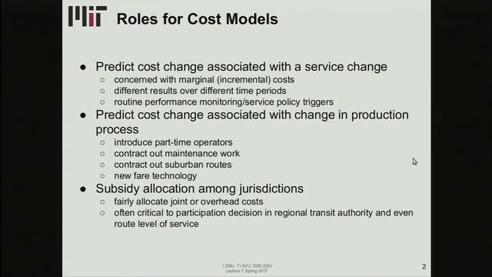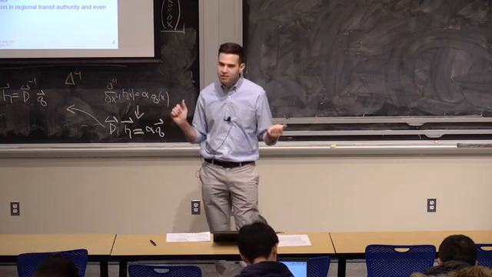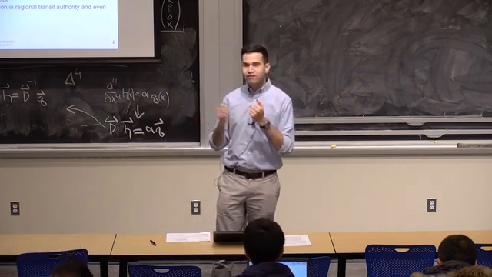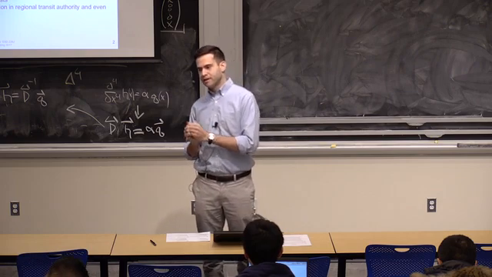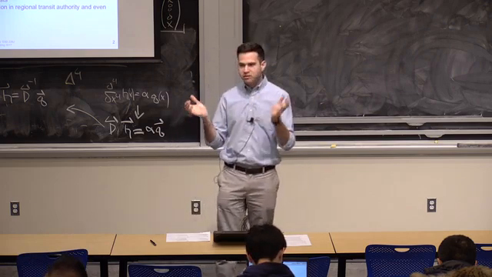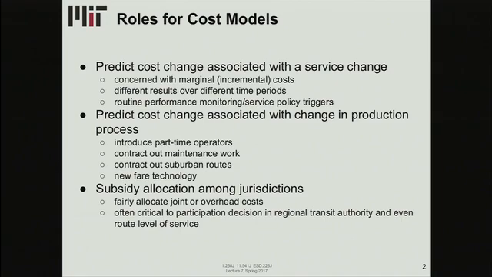Okay, the second point here is that you can predict the cost change associated with the change in a production process. Now we're not talking so much about service, but we're thinking of what happens if I'm in a labor agreement that does not allow part-timers, and now I've negotiated the ability to hire part-timers. What will that do to the cost structure? What about if I want to contract out maintenance work?